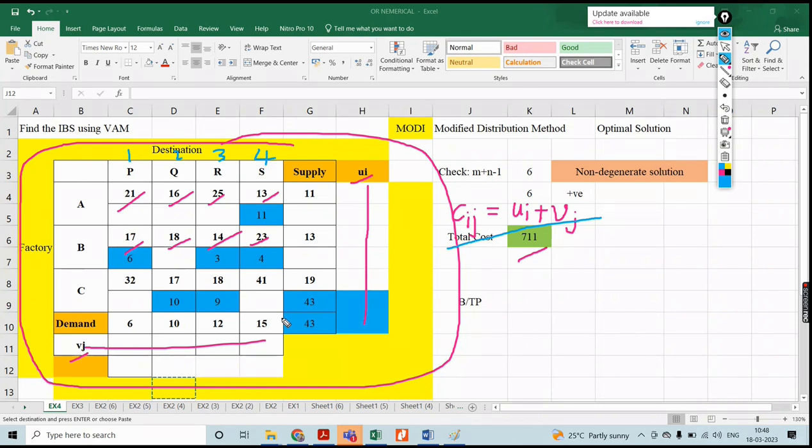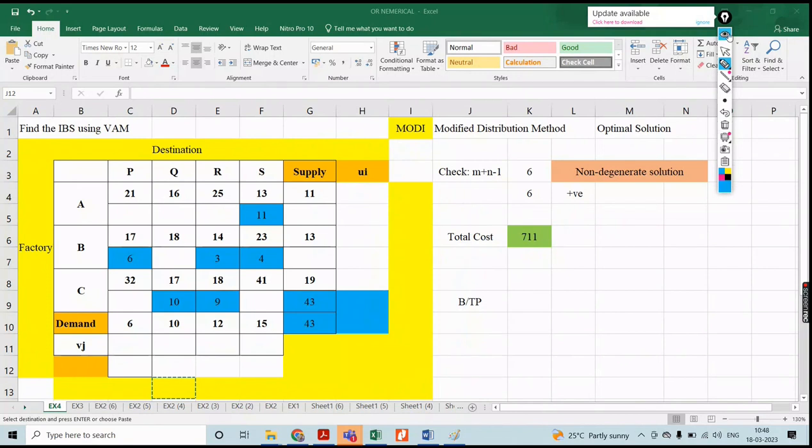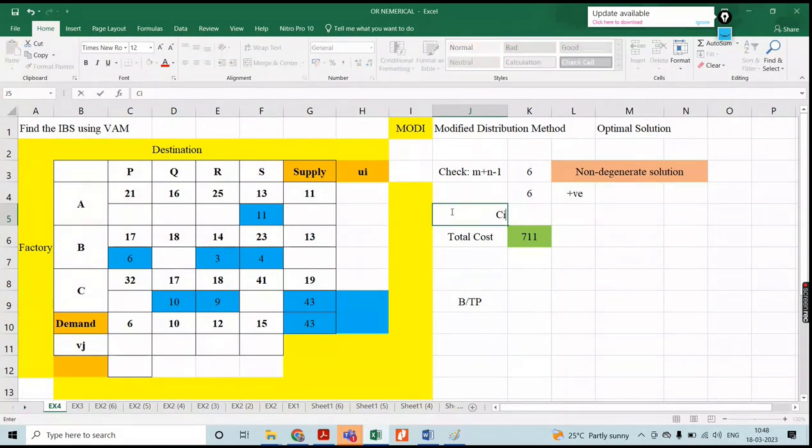Is this clear? You can raise your hand. Okay, you have to remember Cij equal to Ui plus Vj. This is the condition.